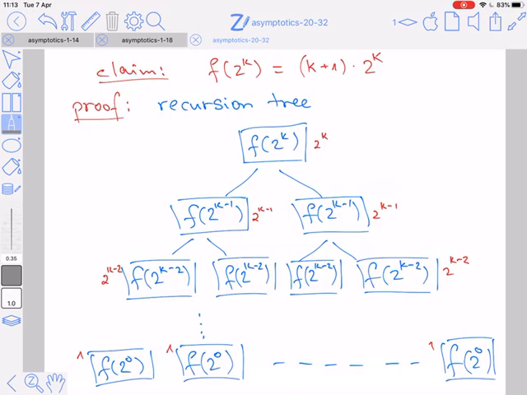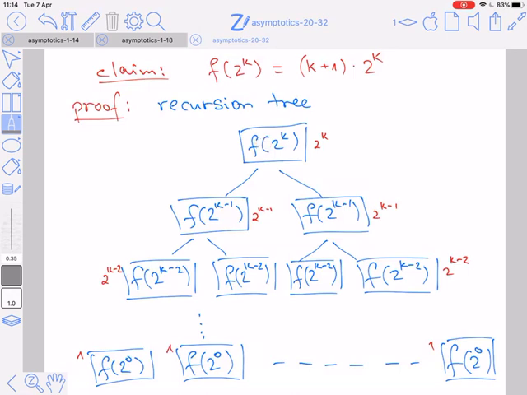My recurrence tells me that f of 2 to the k equals 2 to the k plus f of 2 to the k minus 1 plus f of 2 to the k minus 1. So I have these two recursive calls. So I have to take this cost plus this cost plus this cost, and the sum of these three equal f of 2 to the k. This is the recurrence.